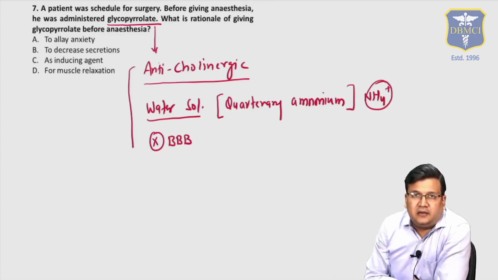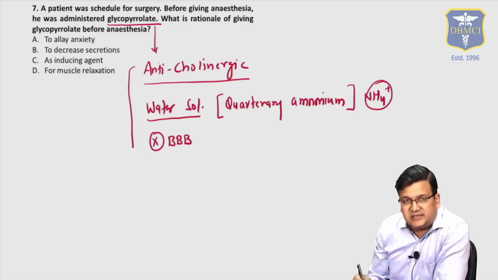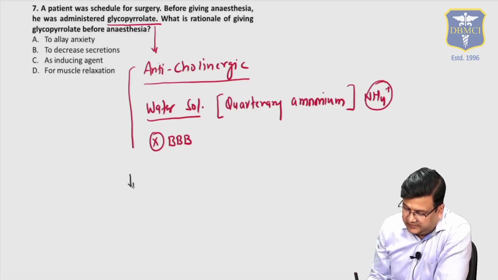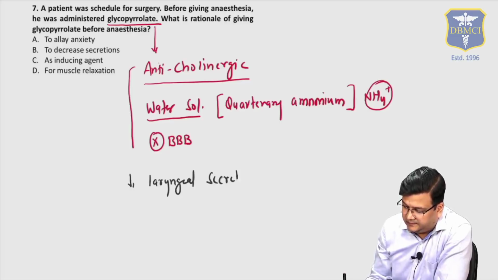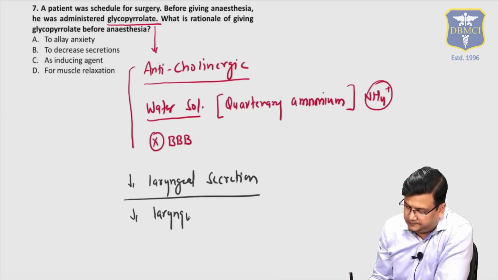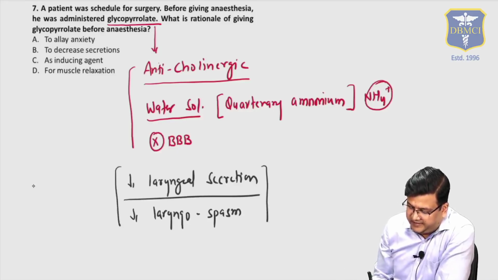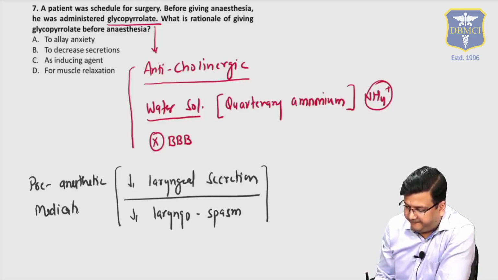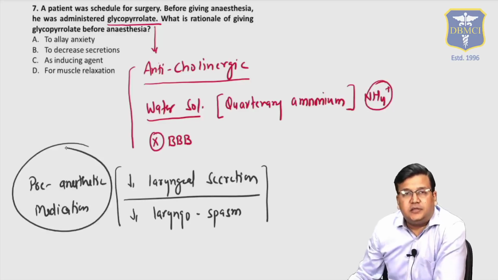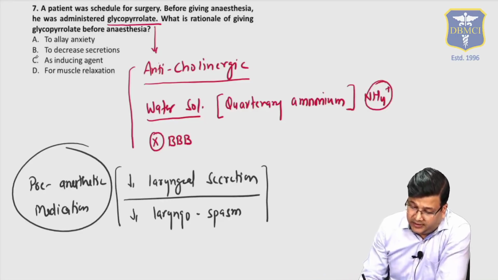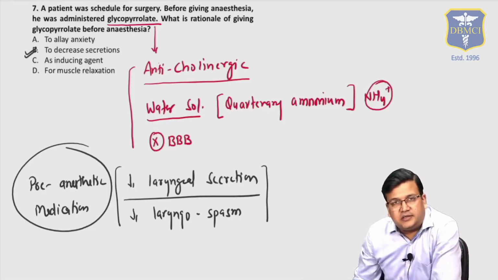It's a peripherally acting anticholinergic basically, and it is given before anesthesia to decrease laryngeal secretions and decrease laryngospasm. So it is used as a pre-anesthetic medication. That is the use of glycopyrrolate. So you can see that option number B, to decrease secretion, is the answer.